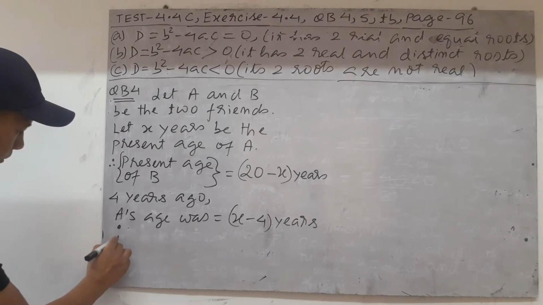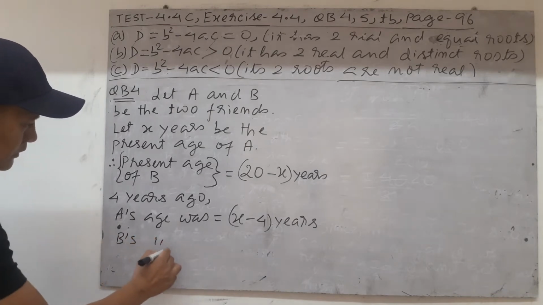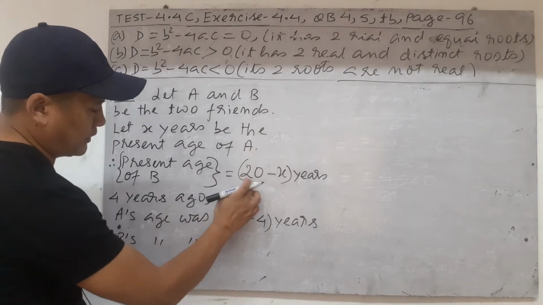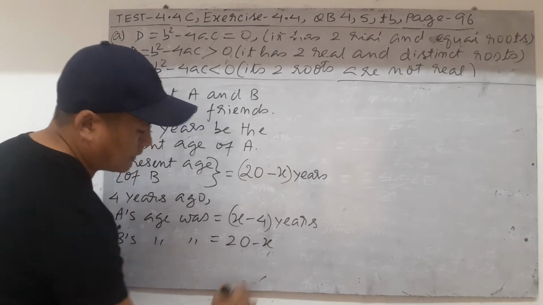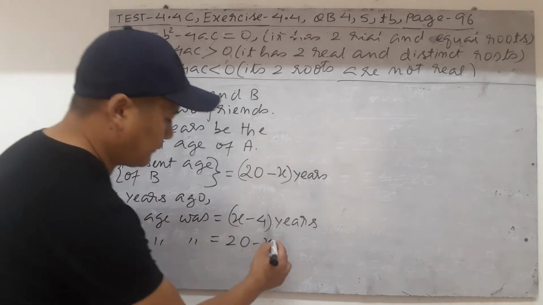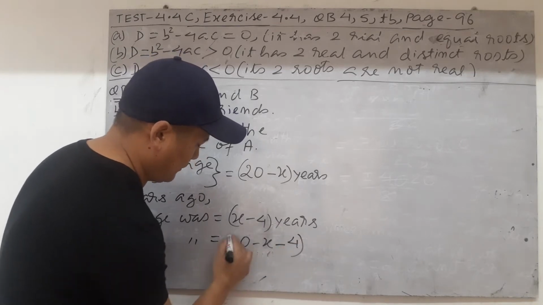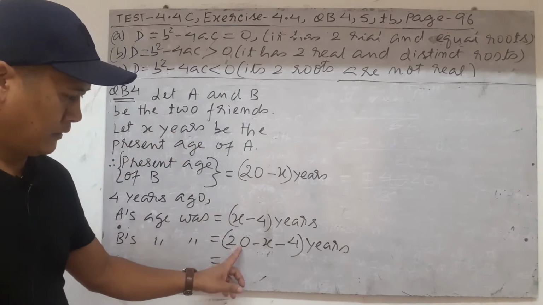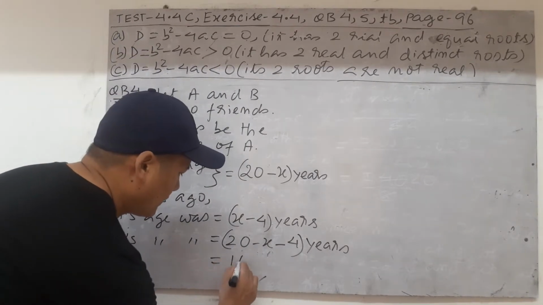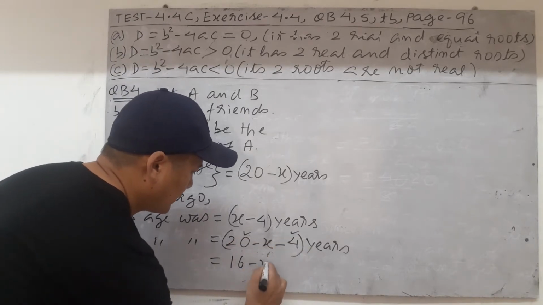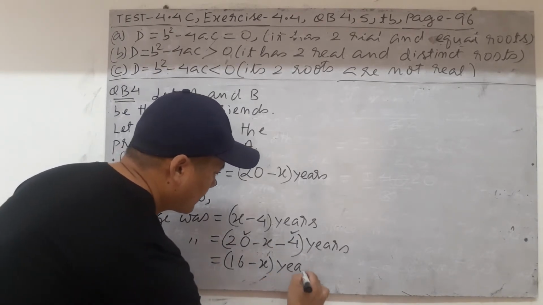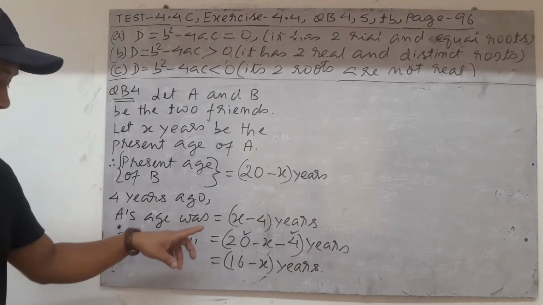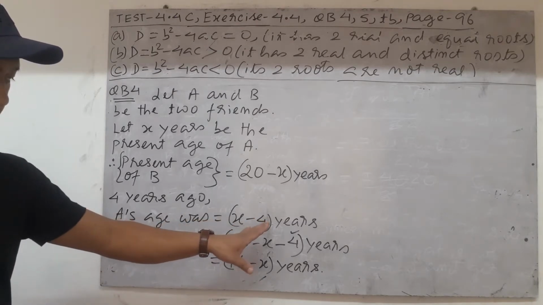And B's age 4 years ago was B's present age 20 minus x, and minus 4, just like we did for the previous one, so this much years. So on simplification, 20 minus 4 will be 16. Then here minus x, so 16 minus x years will be B's age 4 years ago, and A's age 4 years ago is x minus 4 years.